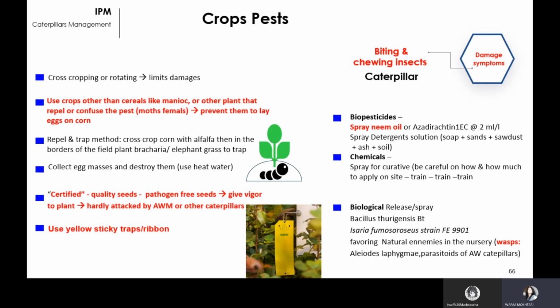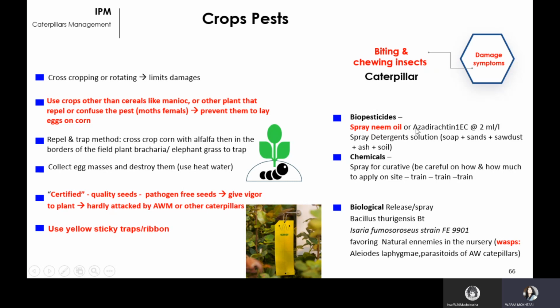You can use certified quality, pathogen-free seeds that give vigor to plants, and these will be hardly attacked by the armyworm moths or other caterpillar. Of course, traps are really important for scouting and making decisions for treatments.